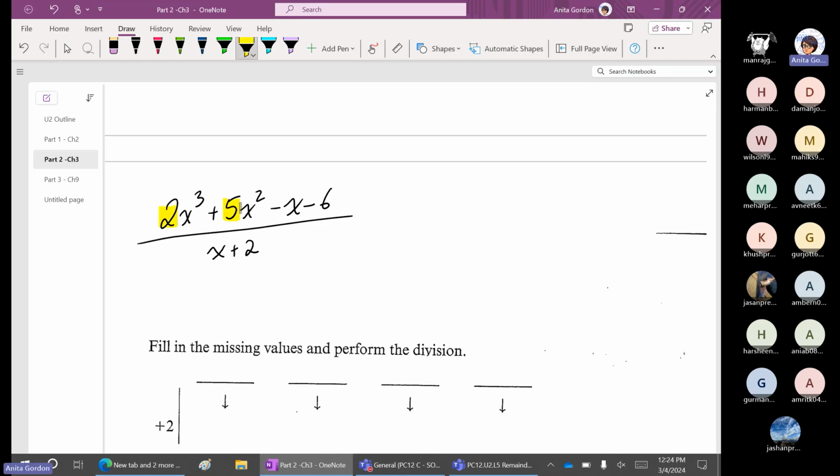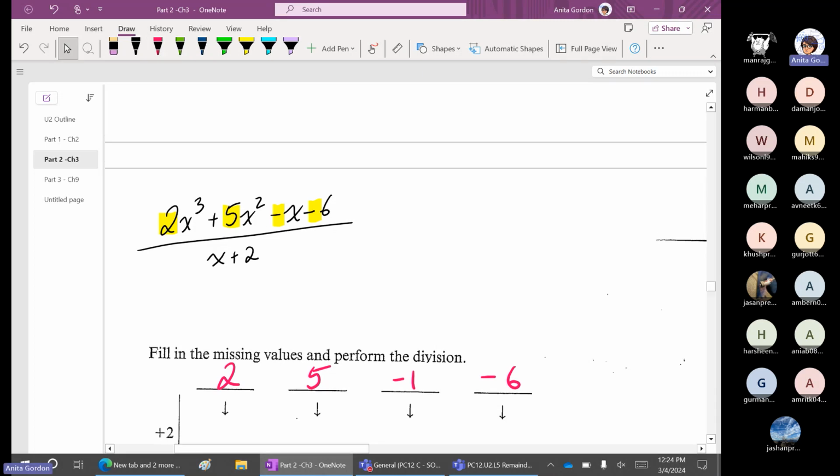I start with my coefficients. Please pay attention to the negatives. The only way you can mess these up is by either not adding and subtracting correctly or forgetting the negative. So I take my coefficients, 2, 5, negative 1, negative 6. Don't worry about the rest.